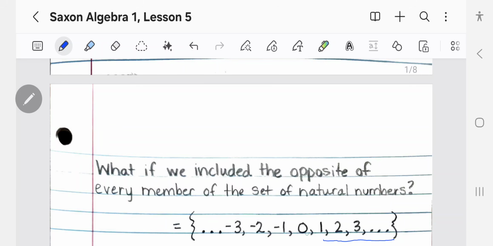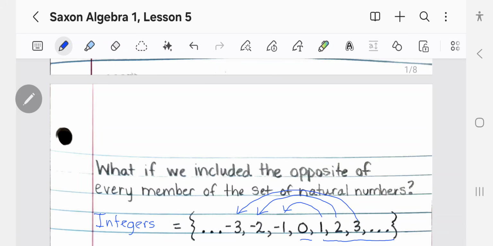And then we kind of made it whole in the last set, so we included 0. What if we also included all the opposites of the naturals? So the opposite of 1 is -1, opposite of 2 is -2, opposite of 3 is -3. Well, that set would be called the set of integers. That's also on the Venn diagram that we talked about the other day.